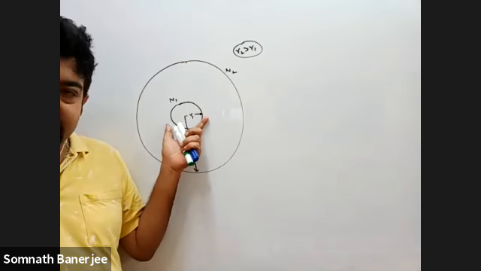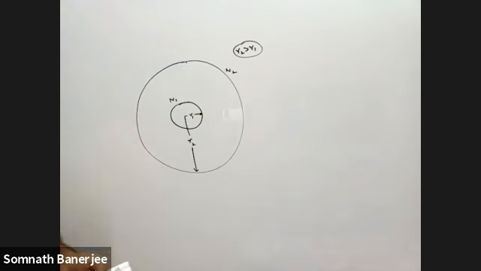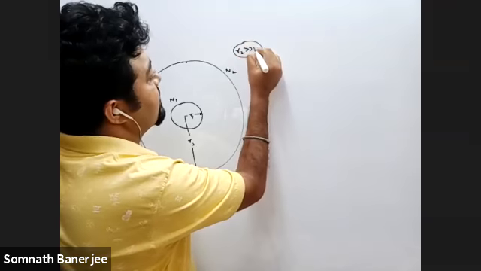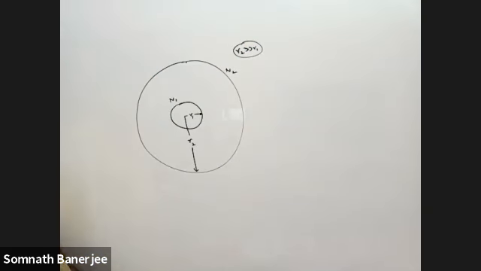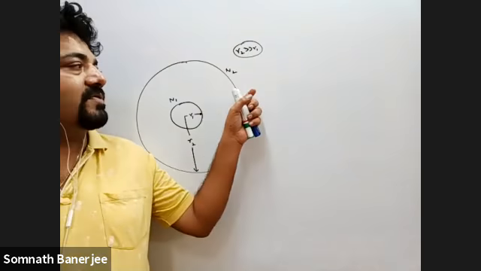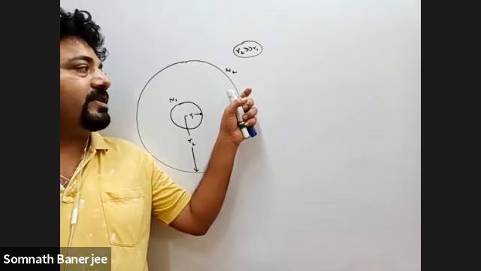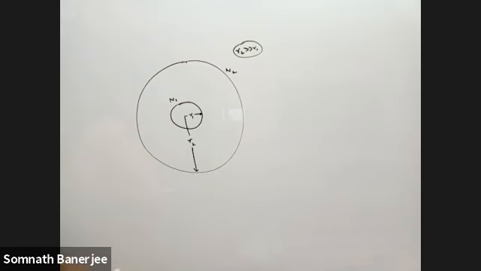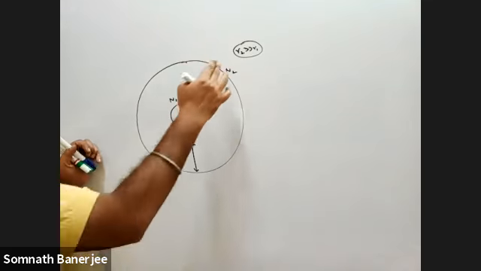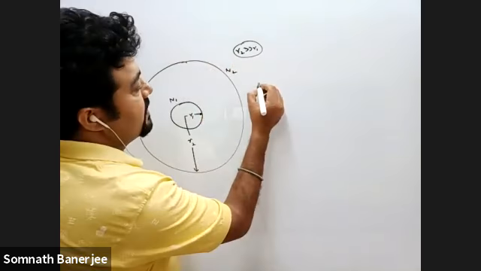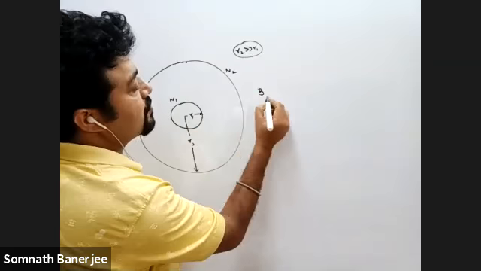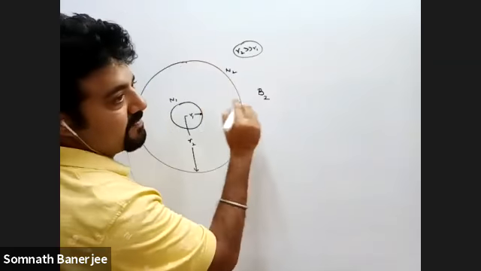As this one is very small, it feels like a point, you can write R2 greater than R1. So if we want to find the mutual induction due to the second coil on the first coil, because the radius R2 is greater than R1, we need the magnetic field due to the current carrying wire.